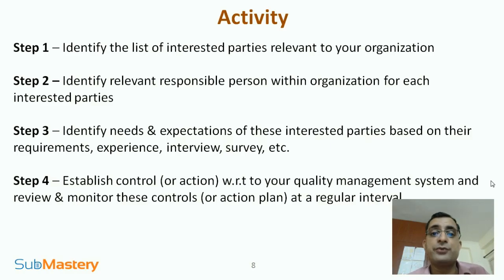Again, the review and monitor frequency can be decided by your own organization. I recommend the action plan be monitored on a monthly basis, and maybe in your management review meeting, if scheduled on a quarterly or 6-month basis, this can be reviewed. This should be a part of management review as well.